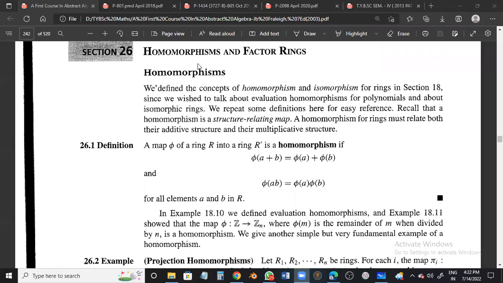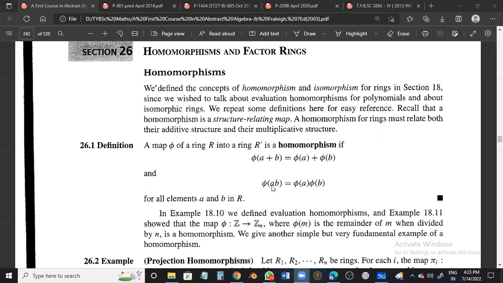Hello all. Now let us begin with the next topic, that is homomorphisms and factor rings. So first let us recall, what do we mean by homomorphism? We have two rings R and R dash, and let us have a map phi from R into R dash.